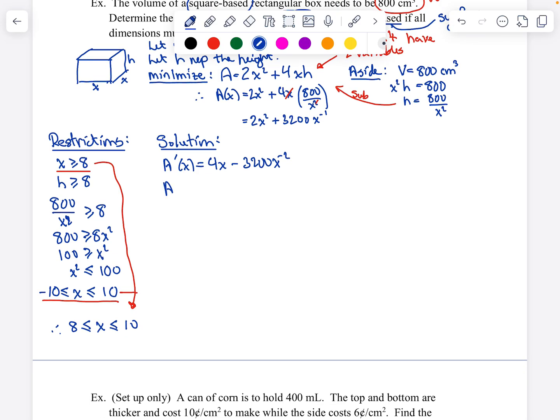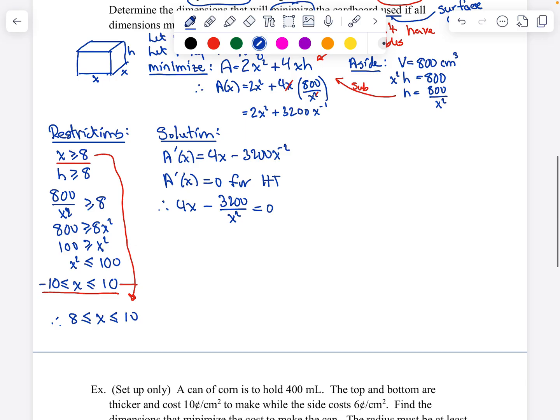We have A prime of x equals 0. If we're trying to find where those horizontal tangents are going to be, that's where our max or our mins are going to occur. That means in our equation, we would have 4x, and at this point I'm going to get rid of that negative exponent, minus 3200 over x squared equals 0.